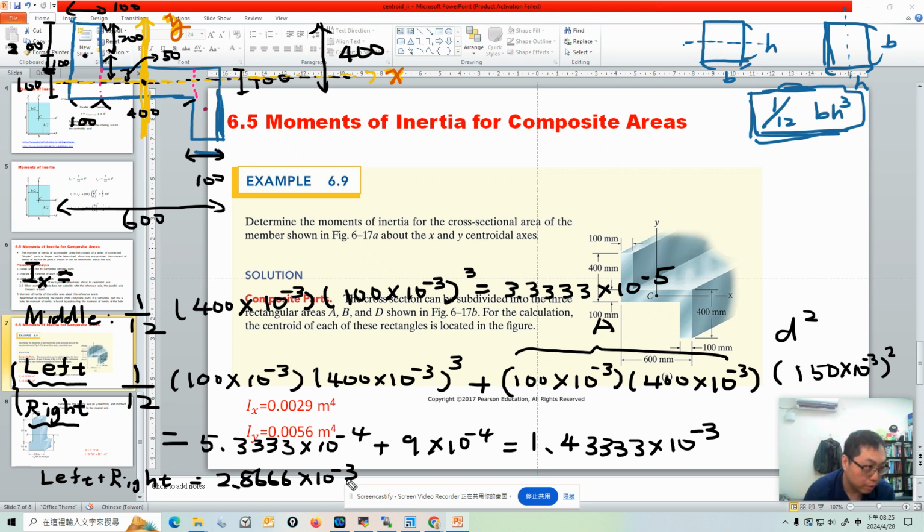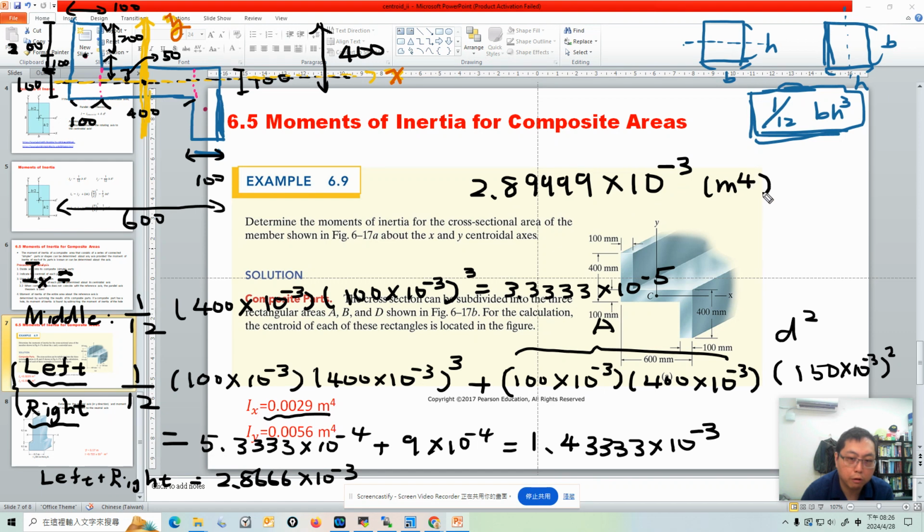Then we add the middle part, 5.3333 times 10 to the power minus 5, together. Our answer will be 2.89999 times 10 to the power minus 3, very close to the first answer, in meters to the power 4.